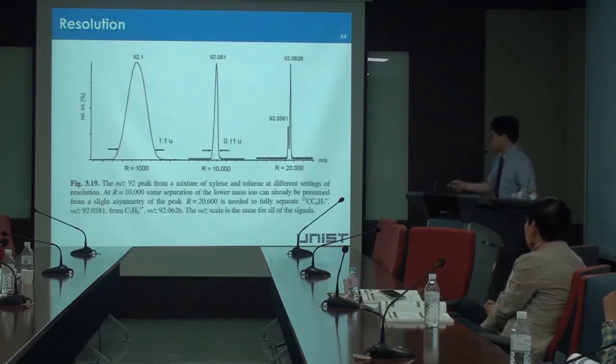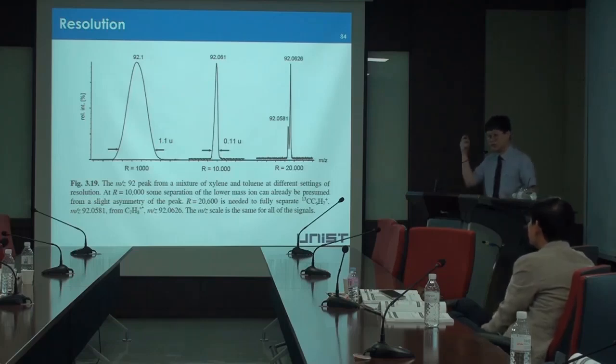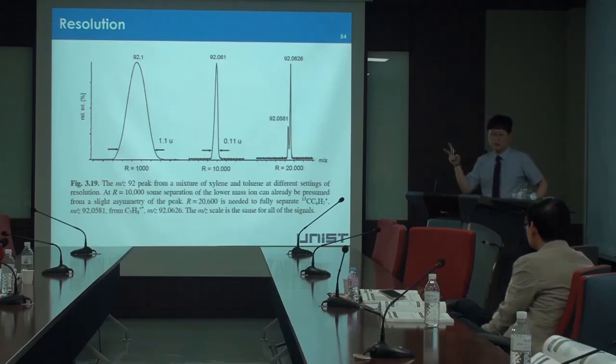For other resolution examples, R of thousands, 10,000, and 20,000. When we use low resolution MS, you find just one peak and think there is one chemical. But if we use high resolution MS, we can say there are two chemicals. This is why we use HRMS.